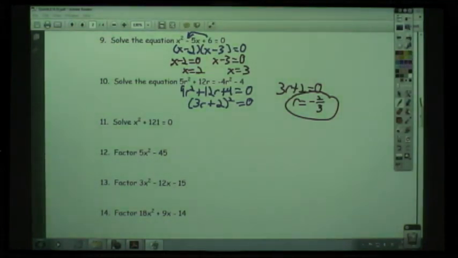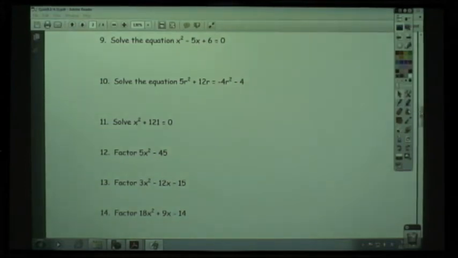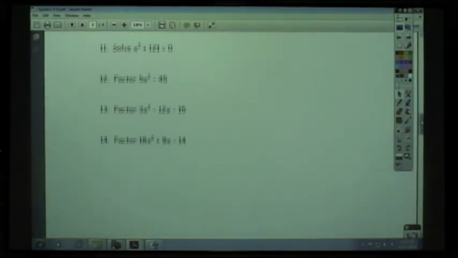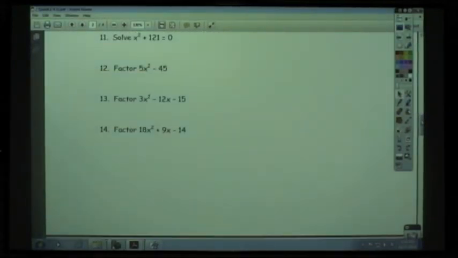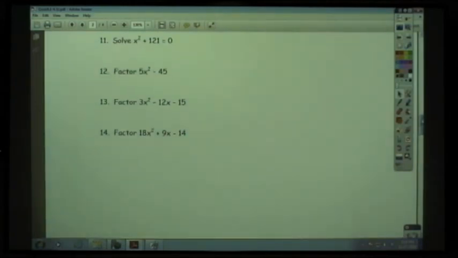On number 11, I know a lot of you are wondering why you lost some points, because I did tell you I was giving you some bonus there. Guys, remember, I also told you that you should know how to start solving that equation. You should know how to solve some basic parts of that equation. I didn't expect you to go through and solve it completely, because the final answer was part of the bonus. But you should have been able to realize that this is x squared plus 121.